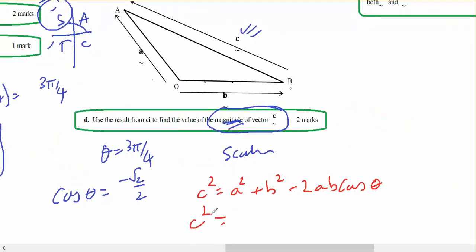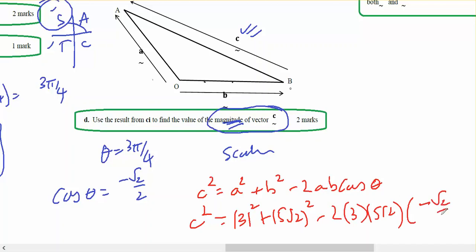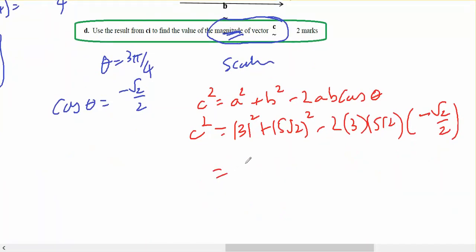So I've got C squared is the magnitude of 3 squared plus the magnitude of 5 root 2 squared minus 2 times 3 times 5 root 2 times negative root 2 on 2. 9 plus 50 minus, the 2's cancel, root 2 times root 2 is 2, negative, 10 minus 30, so that's plus 30. 89 is going to be C squared.